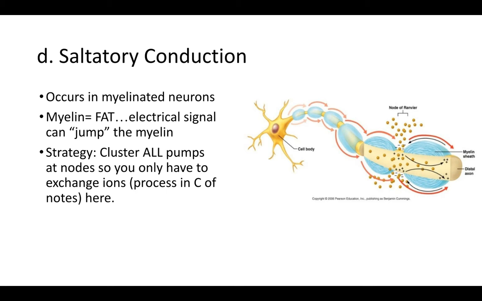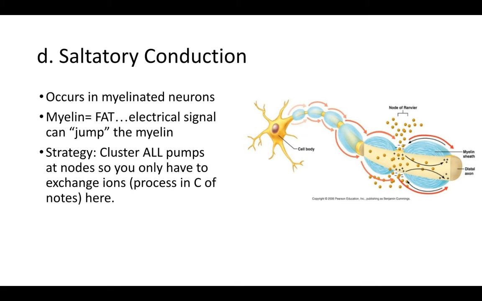And the strategy is to cluster all of those pumps that we saw back in class, the voltage gated sodium pump, the potassium pump, as well as the sodium potassium pump, in the membrane at the nodes. So that means we only have to exchange the sodium and potassium back and forth at one small spot.